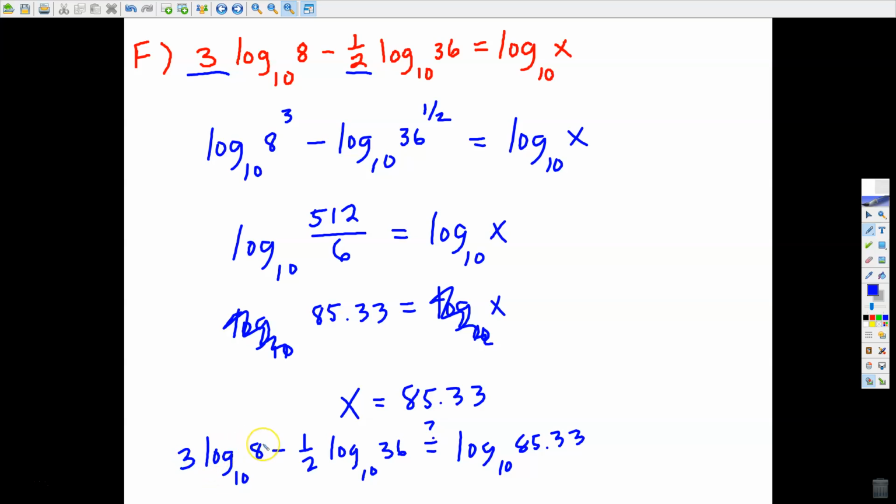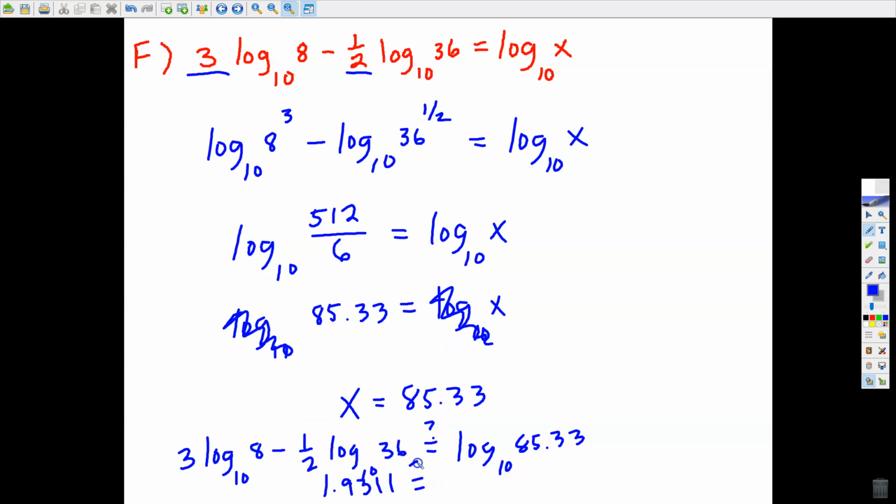All right, so all you have to do, if you just key in 3 and then hit your log button and then put in 8 in the parentheses, and then we'll do minus 0.5, hit the log button again, and put 36 in parentheses, and let's just hit enter at that point, and we get 1.9311.